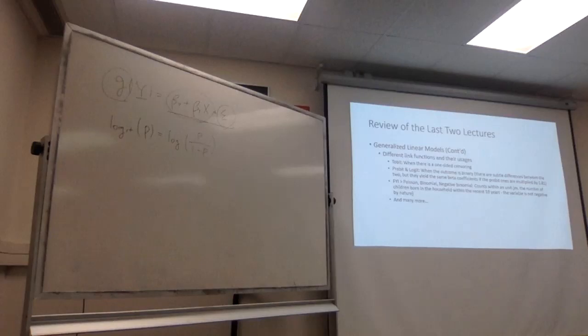In that case, the variable is not negative by nature, right? So it has a boundary. That means that you basically need a link function to deal with this situation. Does that make sense?